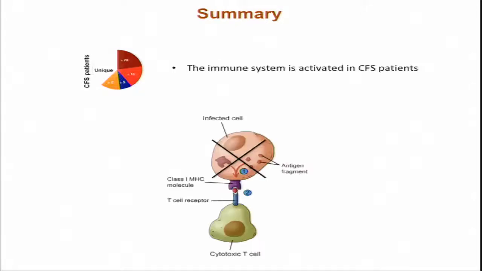And when you look at those cells that are activated, they do express the genes that you'd expect them to express, which are genes responsible for killing infected cells. These are preliminary results, but they present a lot of hope and some things to follow up on.